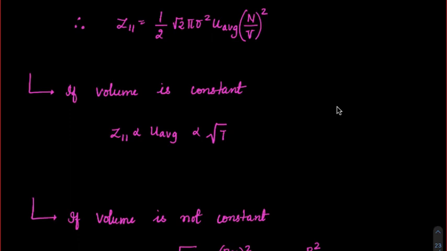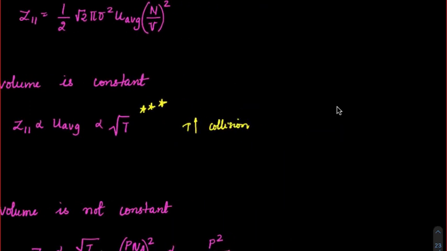For the same gas, considering all the particles, Z11 will be proportional to root T. So if temperature is increased, the collision frequency will increase. A very important fundamental that will be used in chemical kinetics. So remember that as temperature increases, collision frequency of the gas increases at constant volume.